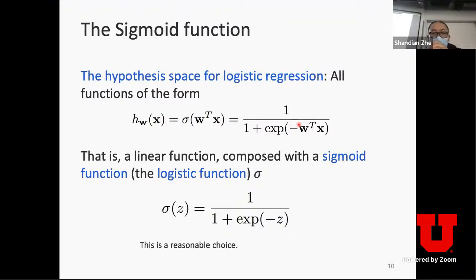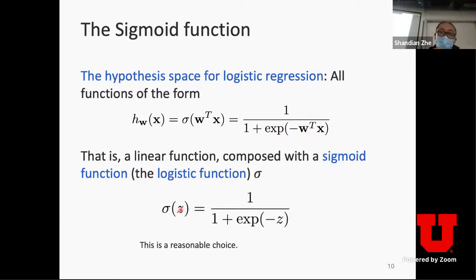But I want to ask, why is this a reasonable choice? What's the range of the sigmoid function? Yeah, it is exactly between 0 and 1. So you can see that it's interesting. No matter how large or how small your input is, let us look at the general form.